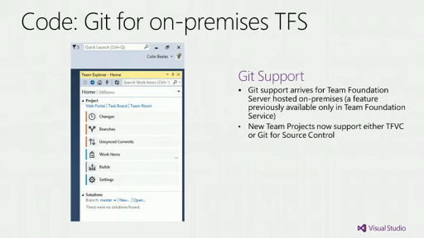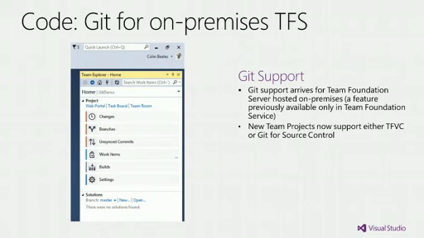One of the bits that seems to have gone down really well with the development community is that we've noticed that people were using distributed version control more. So we've integrated the popular distributed version control system, Git, into Team Foundation Server. So we have full Git support within TFS now.